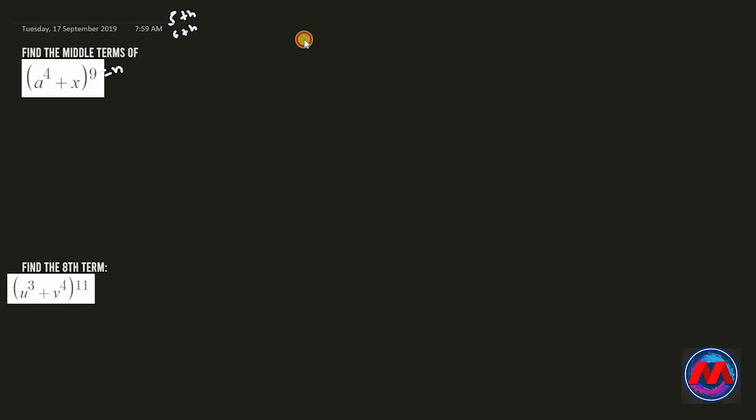So, ang formula dyan would be the n, kung ilan yung exponent niya. Tapos, the r is kung ano hinanap, minus 1. Combination po to, hindi to divide. The combination of n, the combination of r minus 1, times yung x. Ito po yung x. X is the first term. X raised to n minus r plus 1.